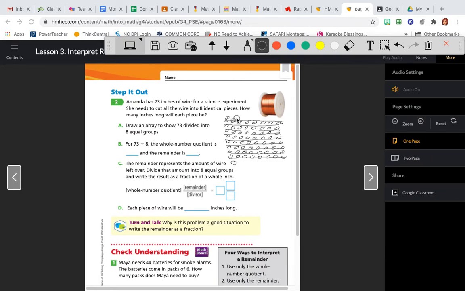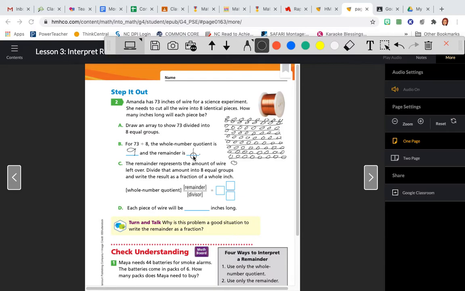Sorry about that. Okay, so we made 9 rows. Excuse me, that was all my mistake. I apologize. But we can have 9 rows with 8 in each. So we have 9, and then our remainder. How many do we have left over that can't go into equal groups? We have 1. So the remainder represents the amount of wire left over.